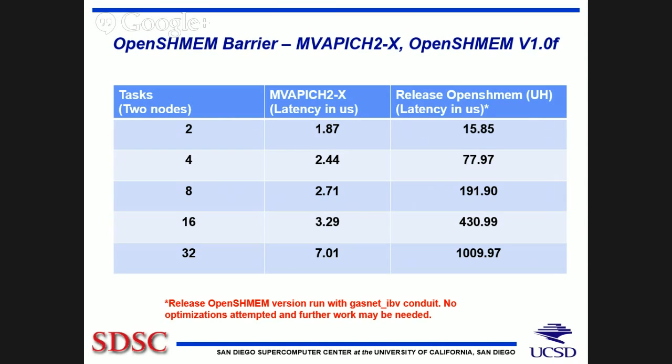On the release OpenSHMEM, you can see it's not scaling very well. It's still 2 nodes, so you're not going across multiple nodes, and you would expect that to remain almost constant, but it's doing far worse. But again, I think I just used the default release with the GASNet IBV, so maybe with some work that can change.